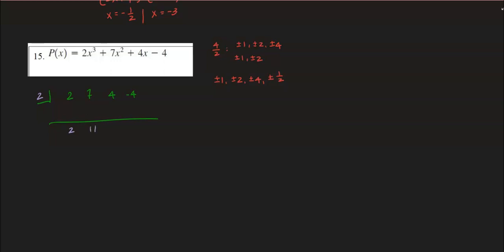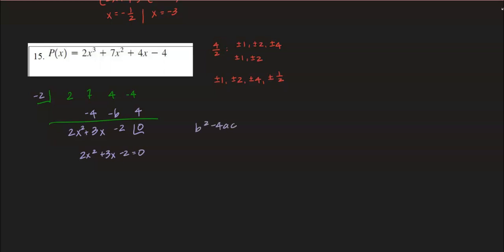Nope, I don't think that's going to work. Let's try -2. 2, -4, 3, -6, -2, 4, 0. Brought that down to a quadratic: 2x squared plus 3x minus 2 equals 0.